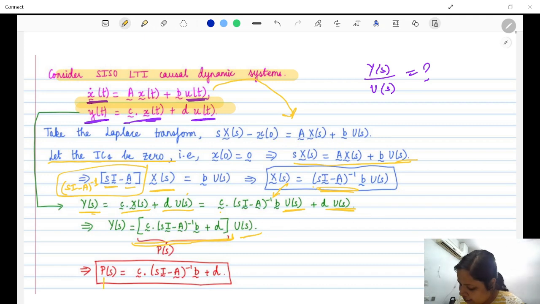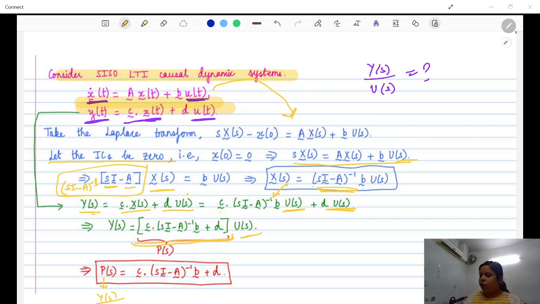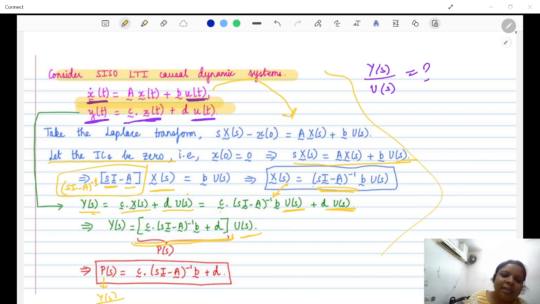So this P(s) is Y(s) upon U(s). So from this whole derivation, you have been able to find out the relation between output and input of the system in terms of some manipulation of the different matrices: system matrix, input matrix, output matrix, and the coupling matrix.